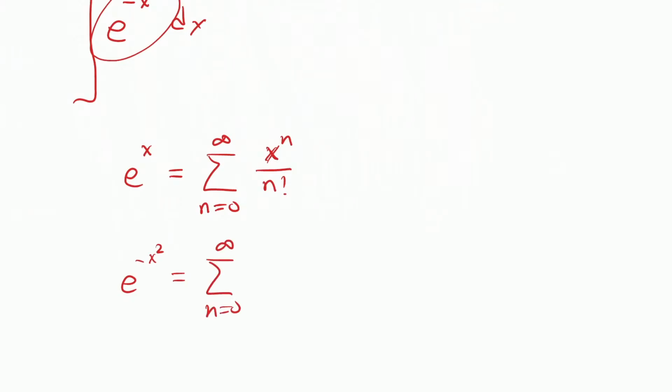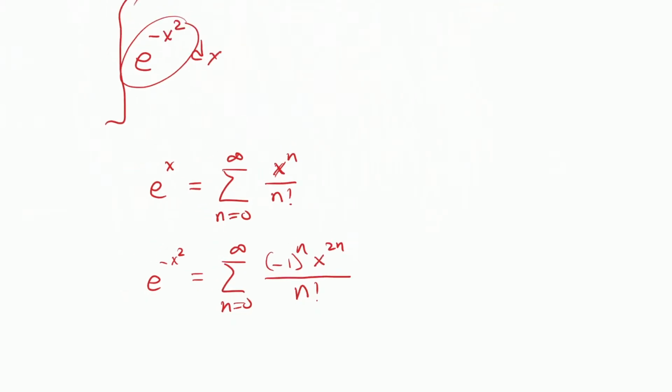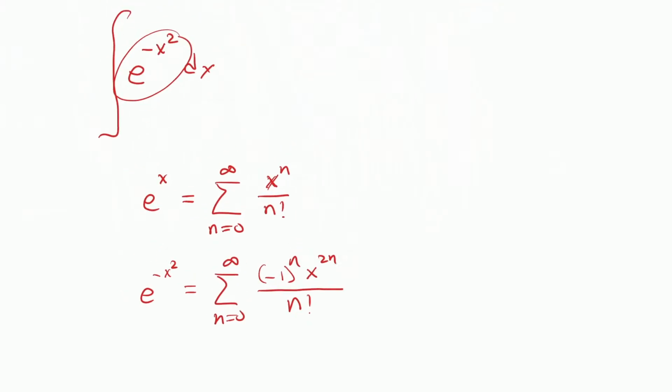That's going to be the sum of -1 to the n, x to the 2n. Technically I did -1 times x squared, and then raised it all to the n power.